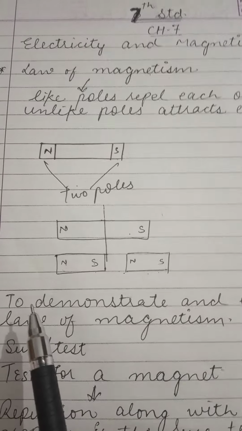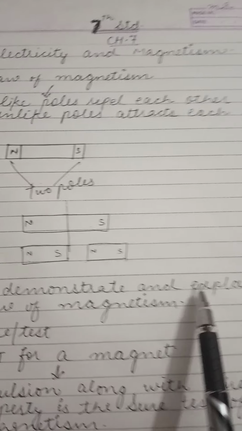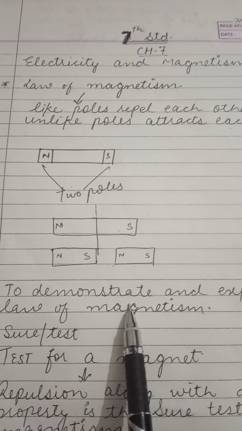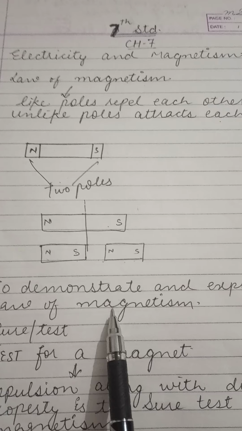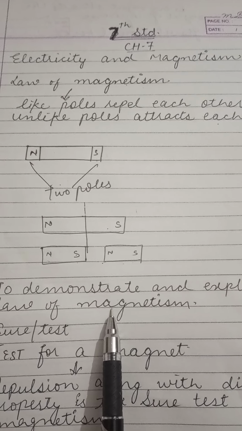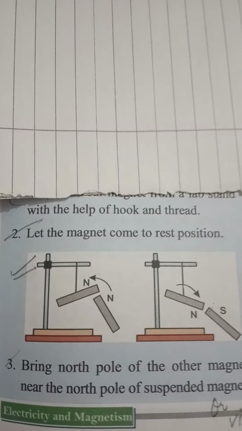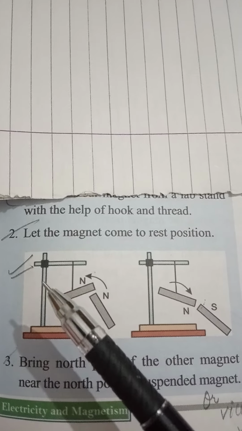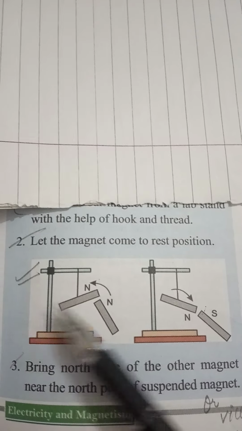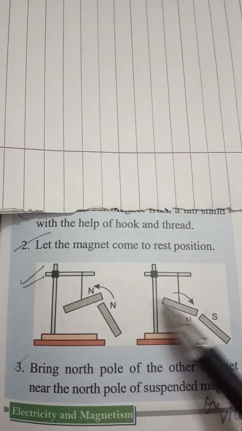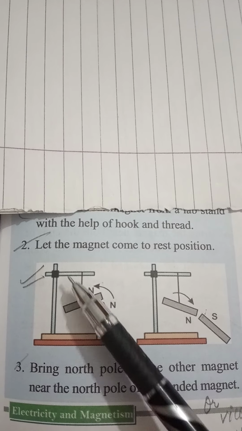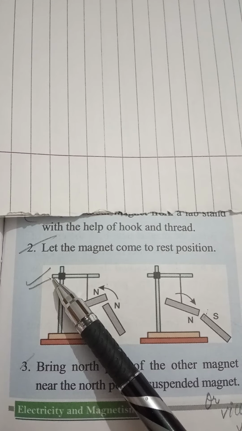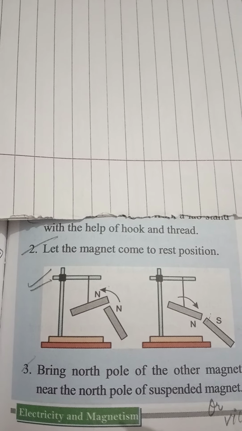Now, to demonstrate and explain the law of magnetism, I'll show one diagram and activity so that it is clear to you. See in these diagrams, I have two laboratory stands and two bar magnets that are freely suspended with the help of string from the laboratory stands.